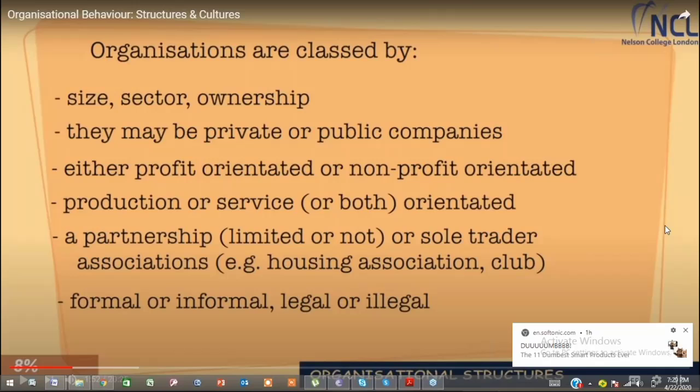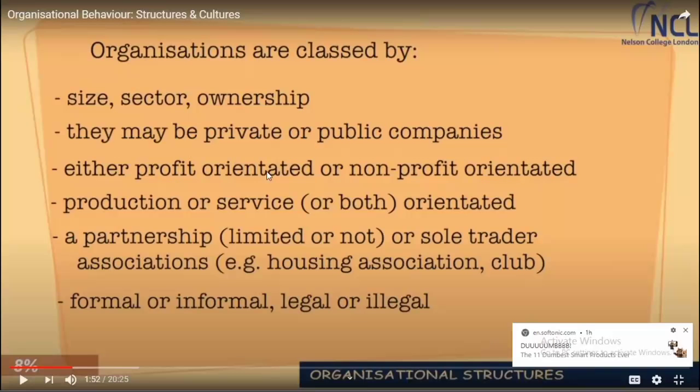Sector could be production, engineering, services. Ownership is either a sole proprietor, partnership, and the rest. I think from your other courses, this would have been made familiar. So they may be private or public companies, profit or non-profit, production or service oriented, partnership or sole proprietor. I think we have been discussing this.